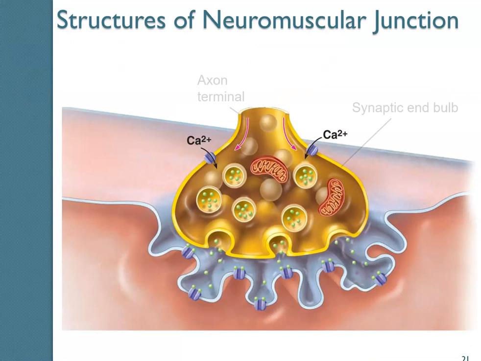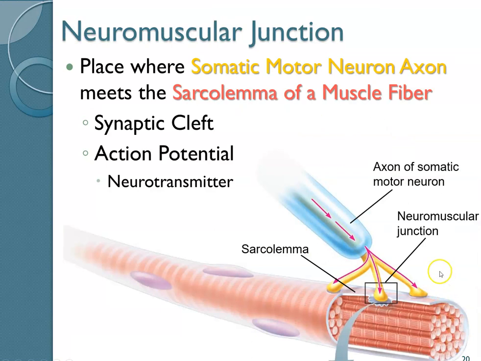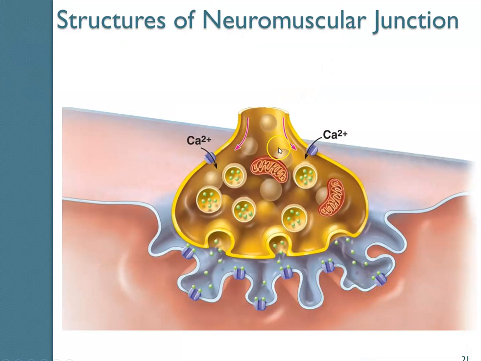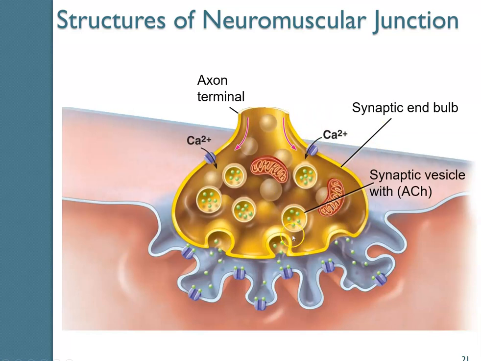So here are the structures. Here is that enlarged view of this little bulb here. Okay, so this is the synaptic bulb, the end axon terminal. These are those same magenta colored action potentials coming down. So the synaptic bulb contains acetylcholine, ACh, found within vesicles.